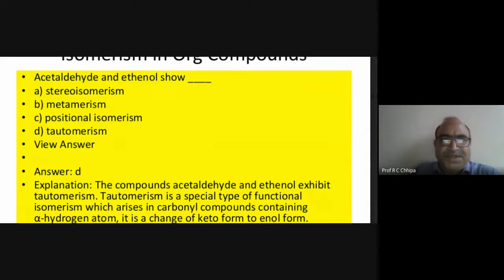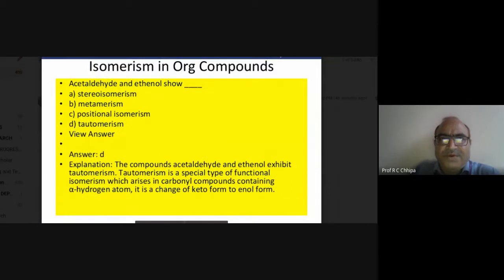The explanation is that the compounds acetaldehyde and ethanol exhibit tautomerism, so they are tautomeric with each other.